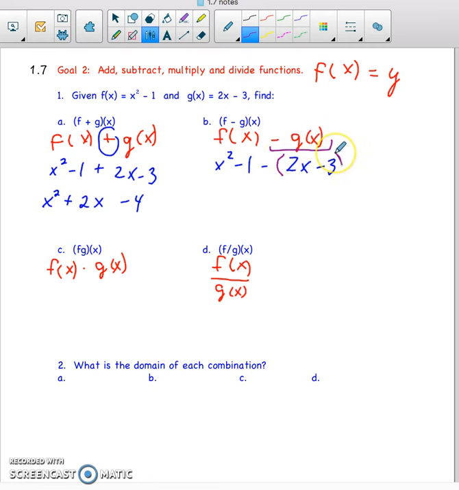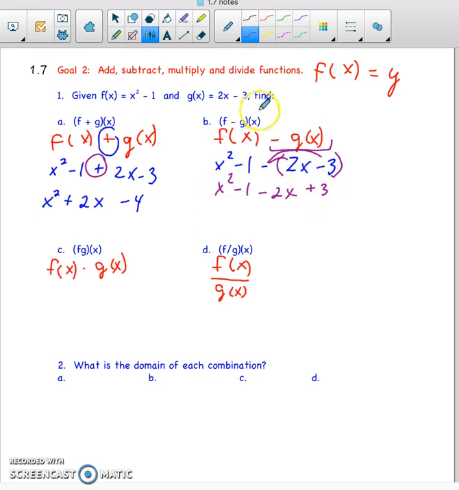So I will follow the minus with parentheses so I remember to subtract the entire function. That was not necessary in A because adding a number does not change the sign. Subtracting a value does. So we have x squared minus 1. We distribute our minus, or our negative, so minus 2x, and minus a negative makes that plus 3.